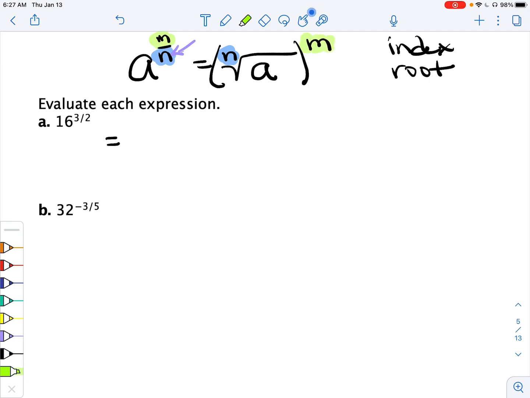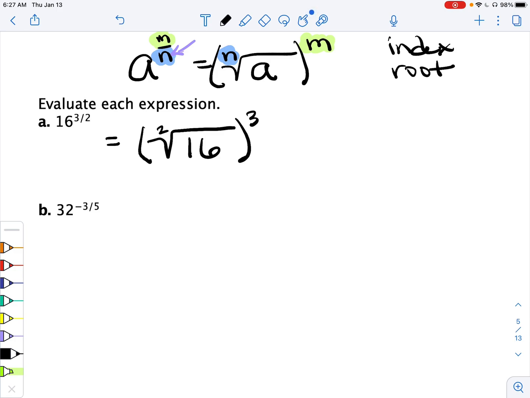All right, let's convert A. Let's put the radicand, which is 16. The root, which is in the denominator. Oh, it's 2, which is also a square. You don't have to write that. I'll write it here for teaching purposes. And all of that to the third power.